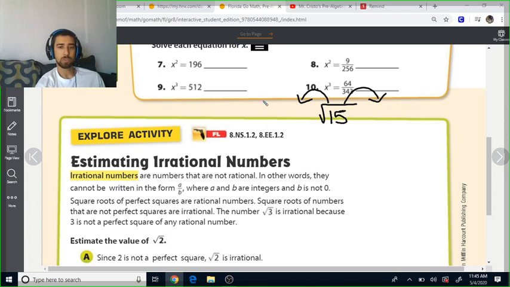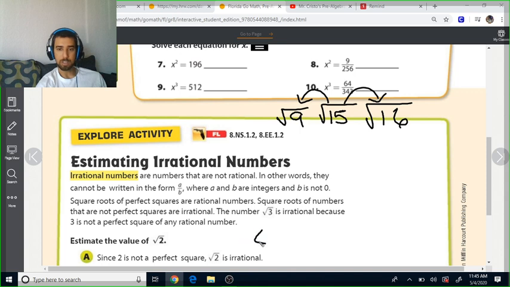A perfect square, the square root of 9. Which is the perfect square that comes right after 15? There is no square root of 6, guys. 16. The square root of 9.